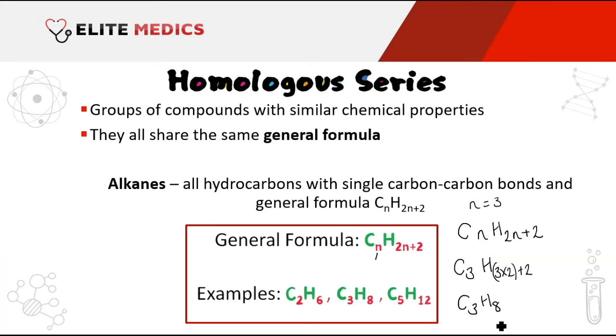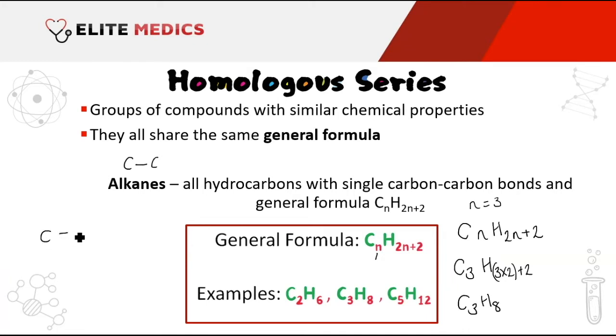Now, what you can then be expected to do is perhaps draw this. Then we can check whether our general formula is correct or not. So does this look right to us? If I was to draw C3H8, first of all, we know that it's an alkane, so it's going to be carbon-to-carbon single bonds. There's no double bonds involved. We've also been told that only carbons and hydrogens are present.